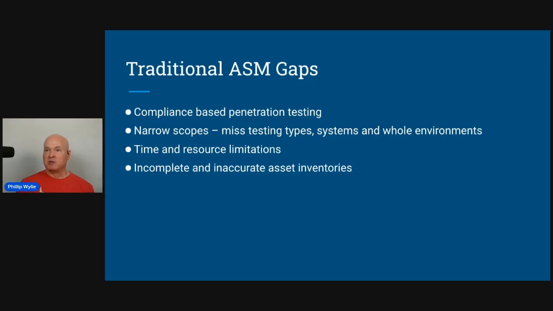So some of the traditional gaps is compliance-based pen testing. PCI DSS, which stands for Payment Card Industry Data Security Standard, was one of the big drivers for pen testing becoming recognized. Before that, a lot of companies weren't doing pen testing before some type of regulatory compliance came about. Once compliance pen testing came about, all the focus was on PCI.